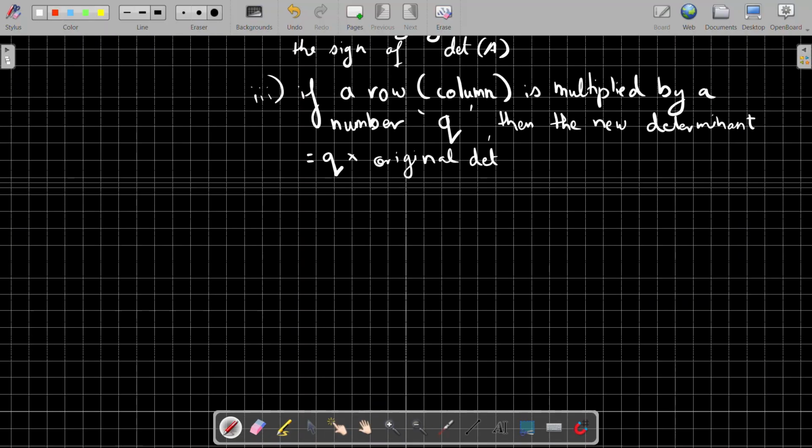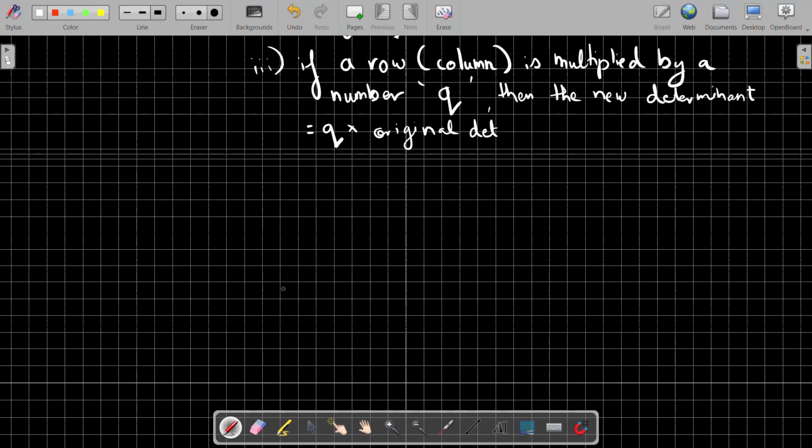So what does this mean? Simply put, let's say our original matrix was a1, a2, a3, b1, b2, b3, c1, c2, c3.